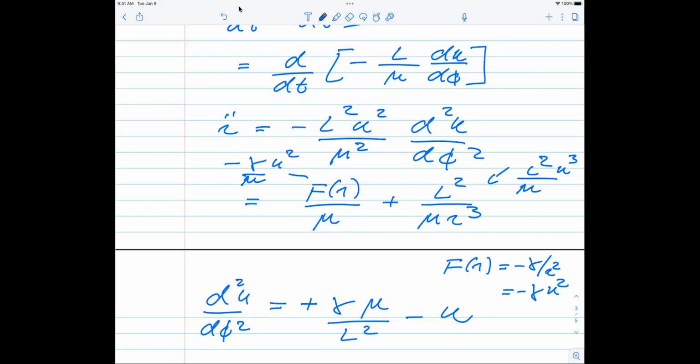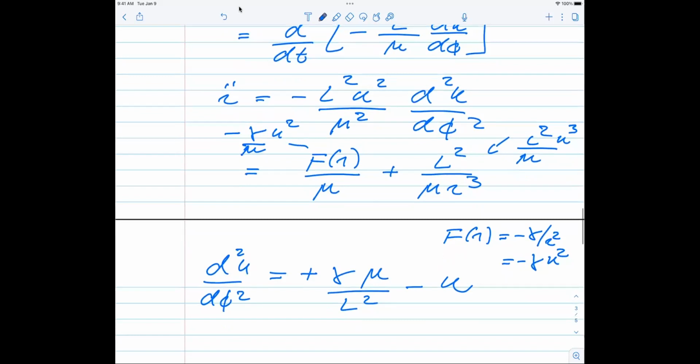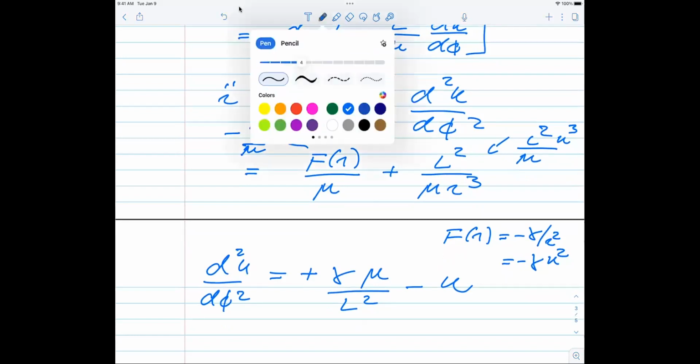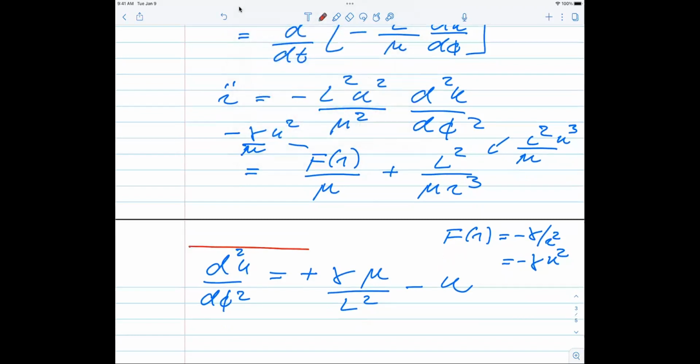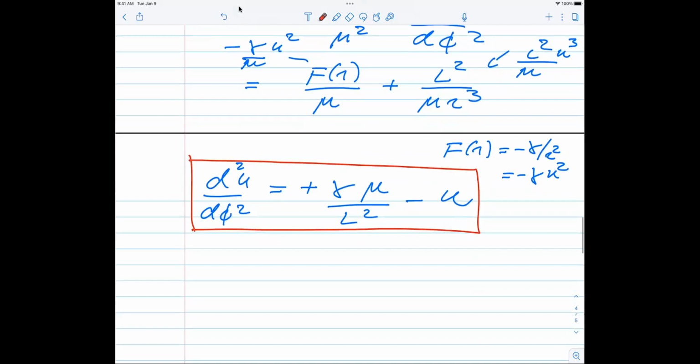So what I'm doing now is simply to divide by u squared everywhere. I divide by minus L squared and mu squared. And when I do that, I end up with a final expression, which is the one you can frame and put at your bedpost and look at it before you go to bed every day.